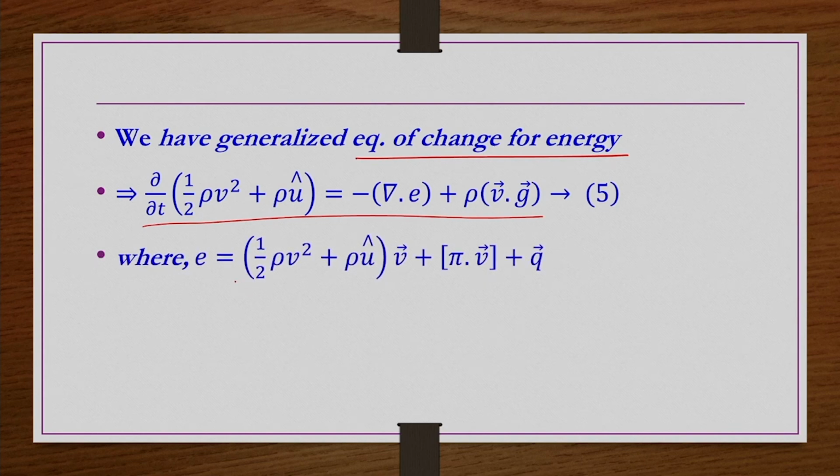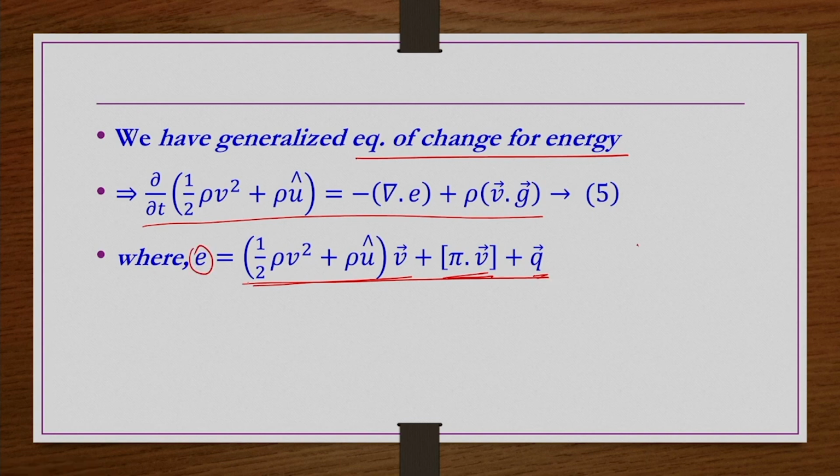Here E is nothing but this one. So, this term indicates the convection term, this indicates both the pressure and molecular force systems. Molecular force systems also include the viscous dissipation terms, etc., and this term indicates the conduction term. And this E, how many components are there?